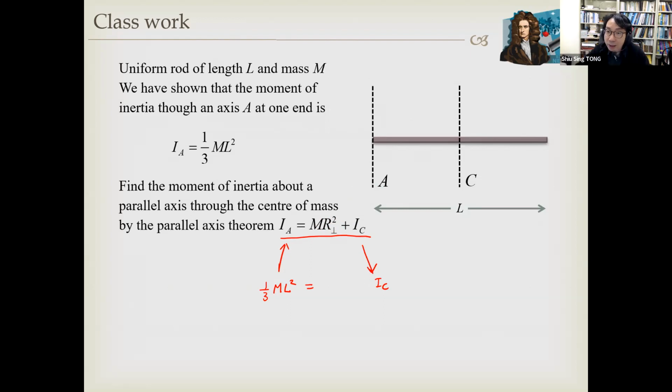Now the distance between the two axes is L over 2, because the total length of the rod is L. So what I'm going to do here is M multiplied by L over 2 squared, because R perpendicular is L over 2. Is that right? So the answer is easy. IC is equal to 1/3 of ML squared minus 1/4 of ML squared, so you get 1/12 of ML squared. So that's the answer.